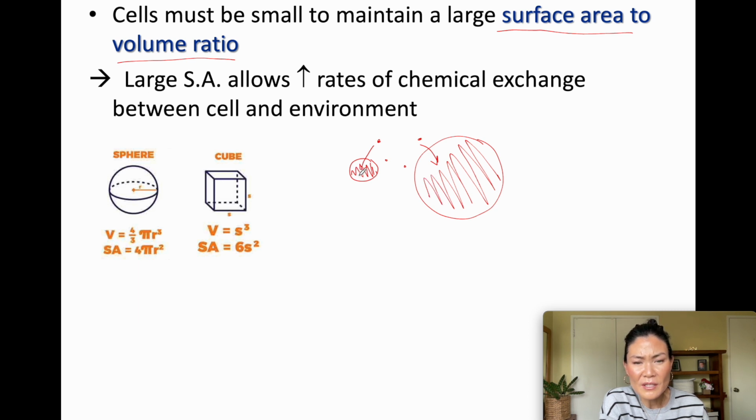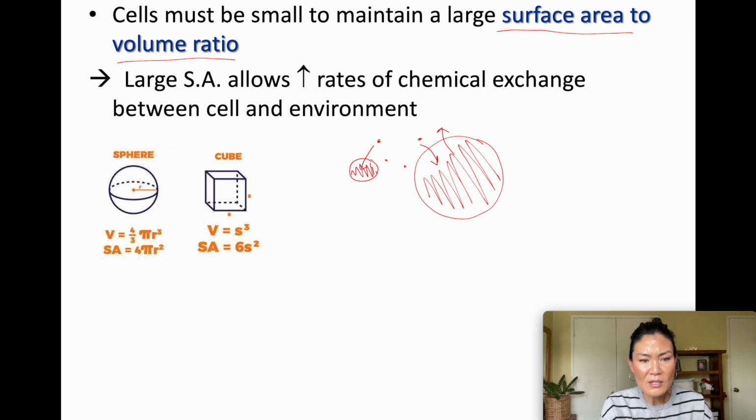So a large surface area to volume ratio makes it much more efficient for the cell to exchange chemicals coming in and also waste going out, okay?